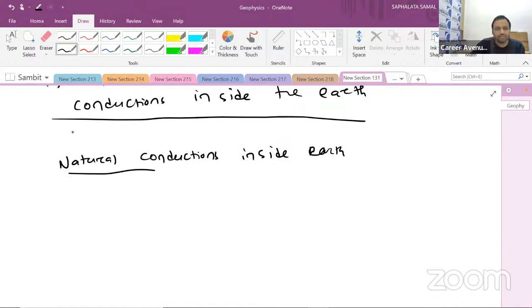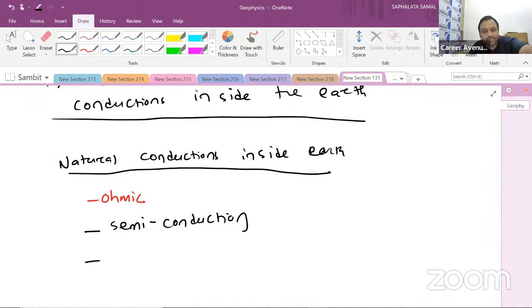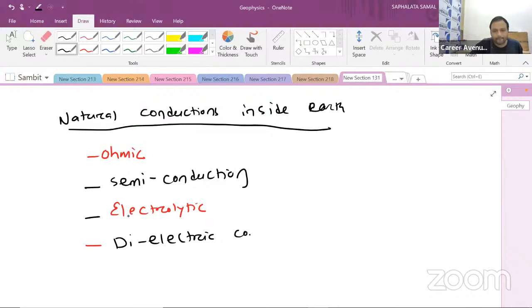They are ohmic conduction, then there is semiconduction, then there is electrolytic conduction, and dielectric conduction. These are the four conduction types we see naturally inside the earth.